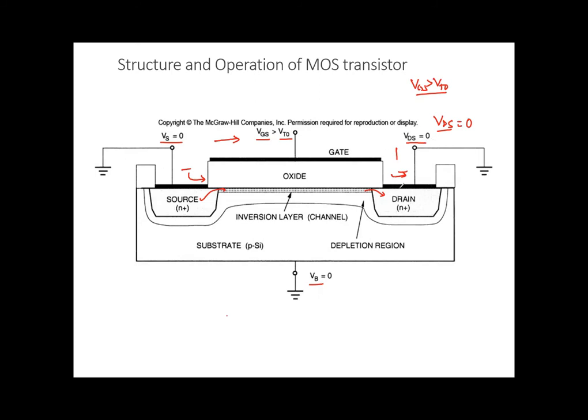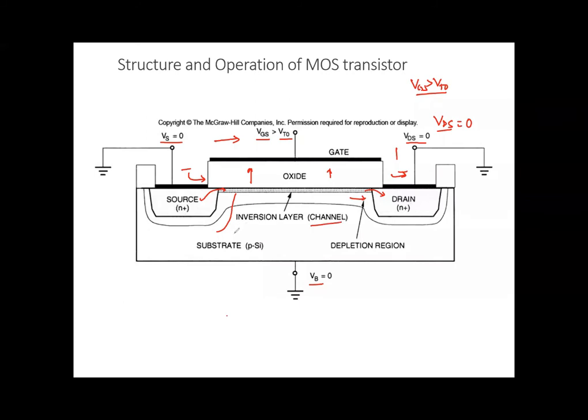For current to flow, we have to apply a certain potential at VDS so that some electric field will be there in this direction. As of now, the electric field is in this direction only, so that electrons from the p-type substrate will align themselves here to form a channel.